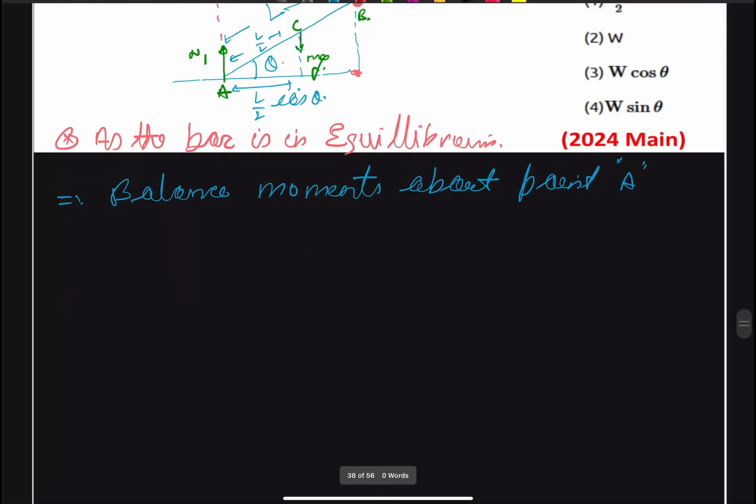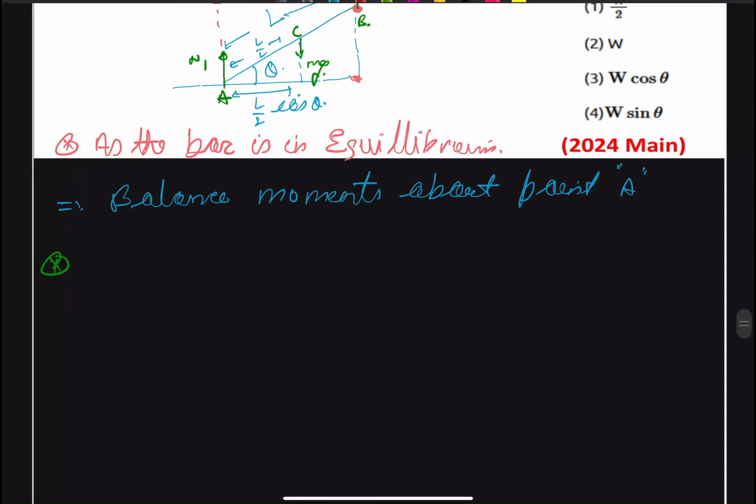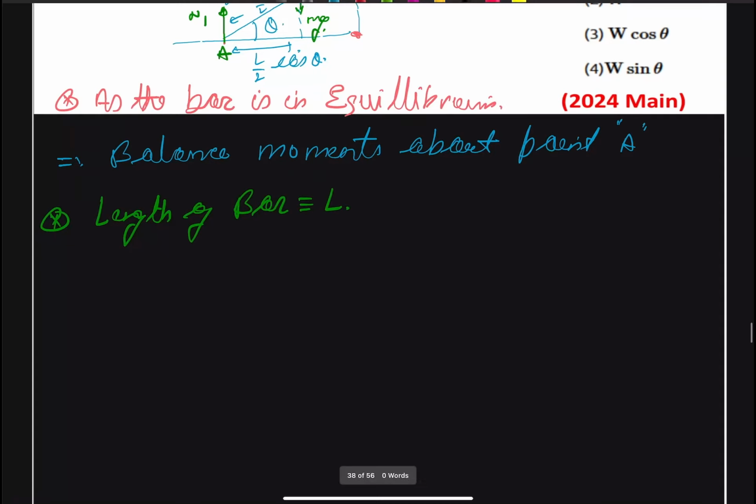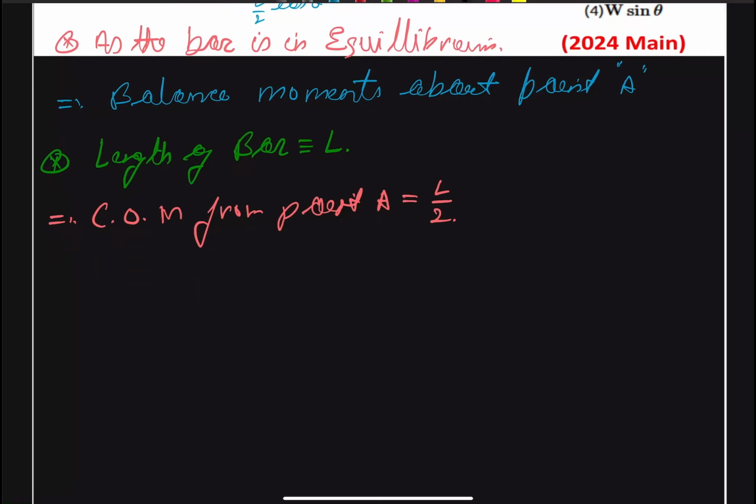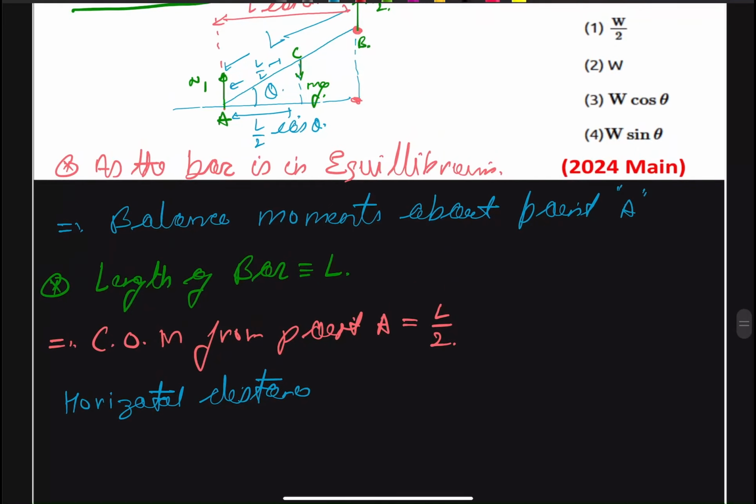So we can write that the length of the bar is capital L, therefore the center of mass from point A will be equal to L by 2, and the horizontal distance, let us call this point C prime and this point B prime.